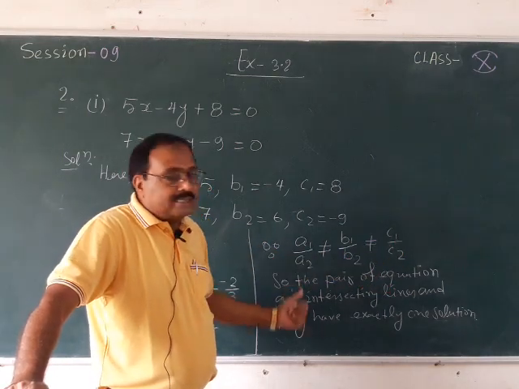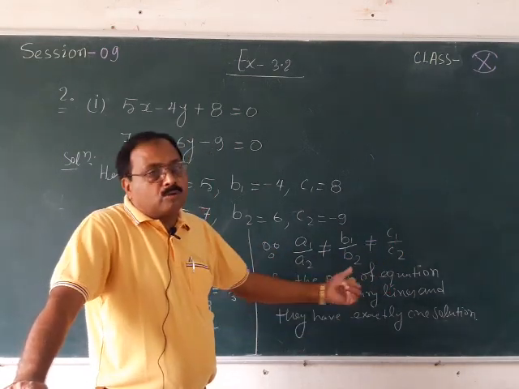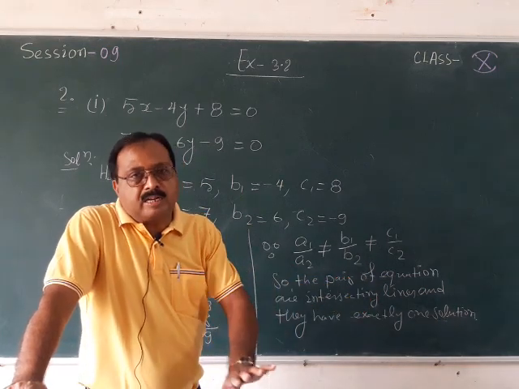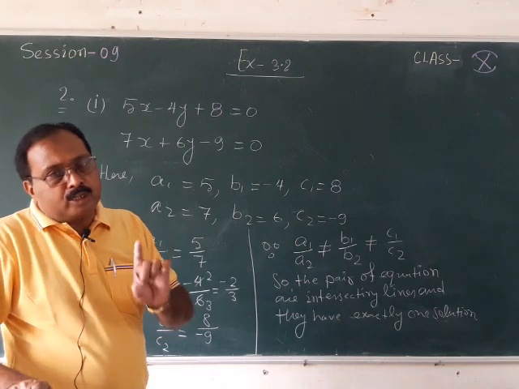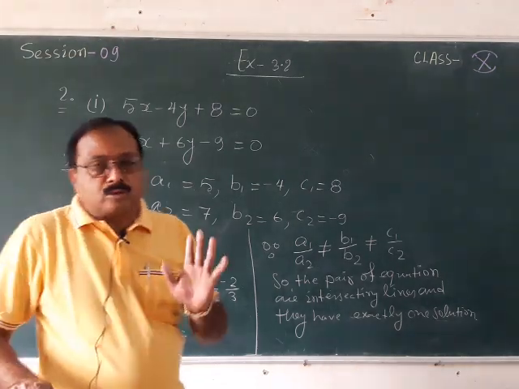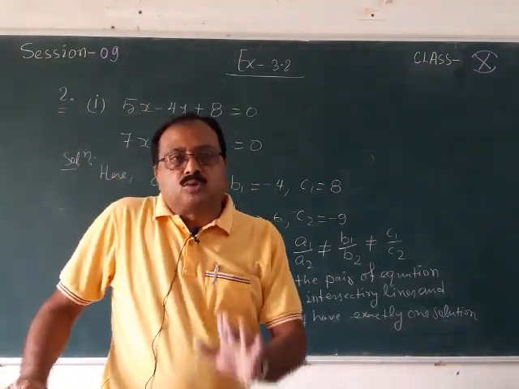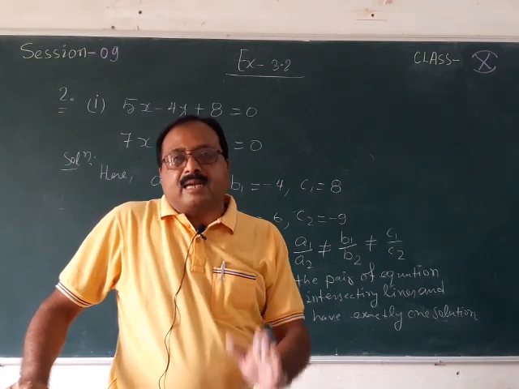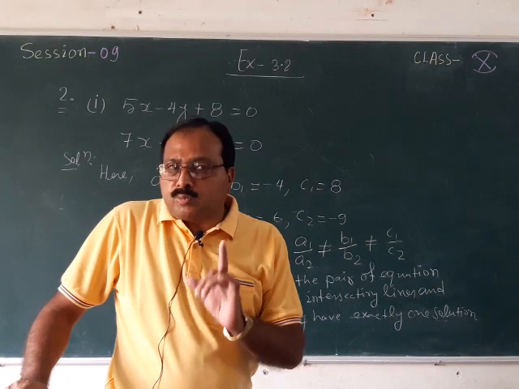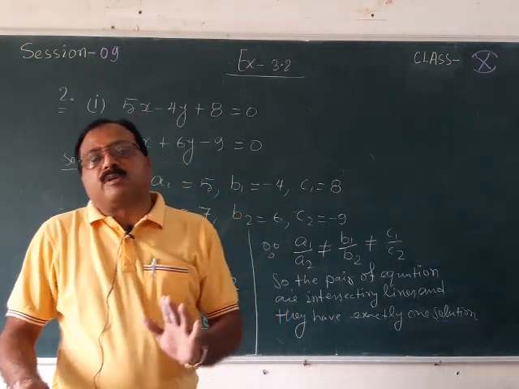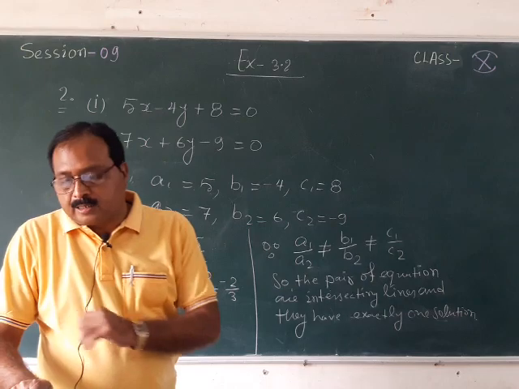If the condition A1 by A2 does not equal B1 by B2 comes, you can stop there, because in the first condition I have already shown you that if A1 by A2 does not equal B1 by B2, you will have intersecting lines, and that means you have a unique solution for the given pair of linear equations in two variables.